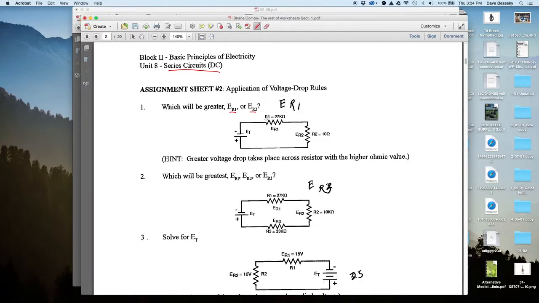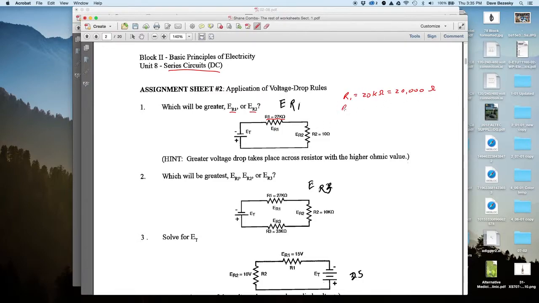Okay, in this circuit, you have R1 is 20 kiloohms. 20 kiloohms is equal to 20,000 ohms, because when you convert from kilo to the basic unit, you move the decimal place 3 places to come up with ohms.